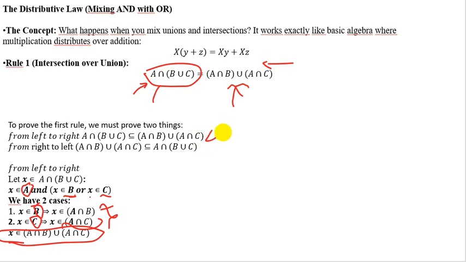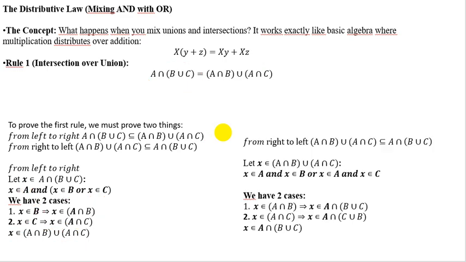Now let's prove it from the right to the left, which means now we assume that x is in this part here. If x is in (A ∩ B) ∪ (A ∩ C), that means x is in A and x is in B, or x is in A and x is in C. Again, here we have two different cases.